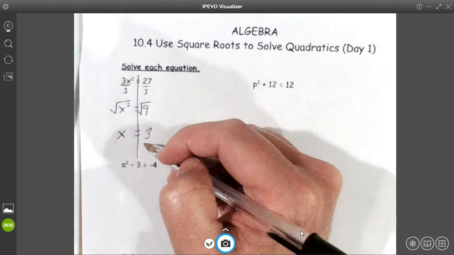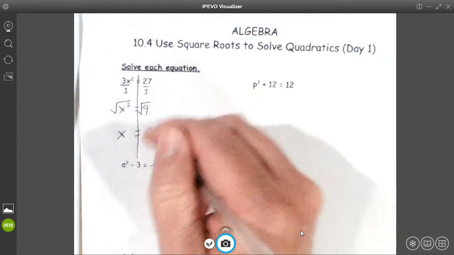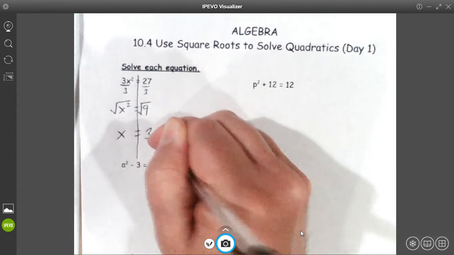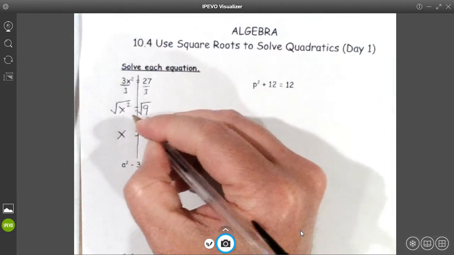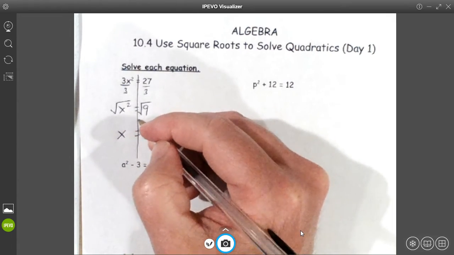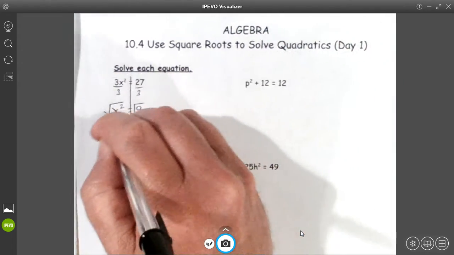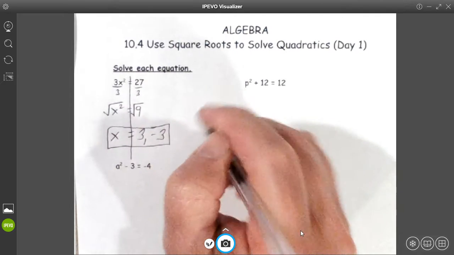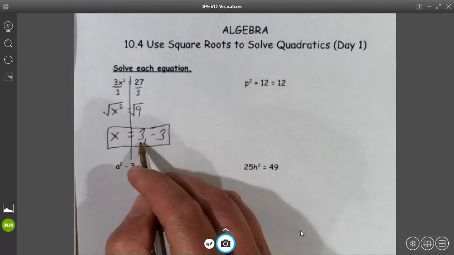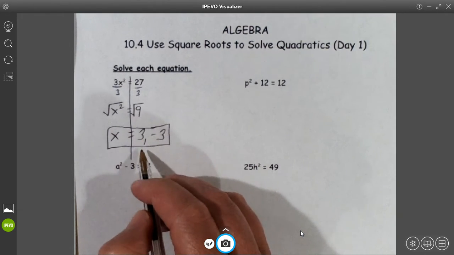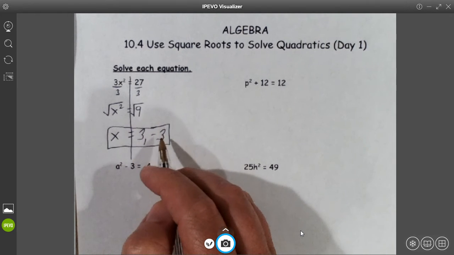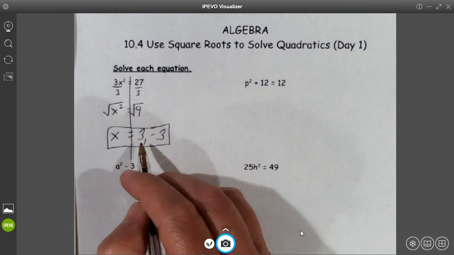Obviously 3 is one of them, but there's another one, and in this case, it's -3. So in doing the square root of both sides, we're going to get two different answers: the positive answer, called the principal square root, and then its opposite. So in this case, we get 3 and -3.